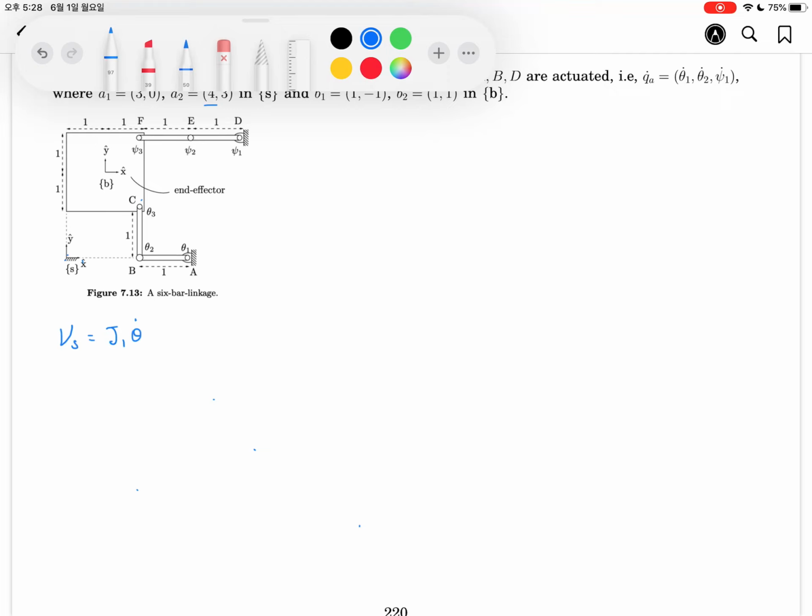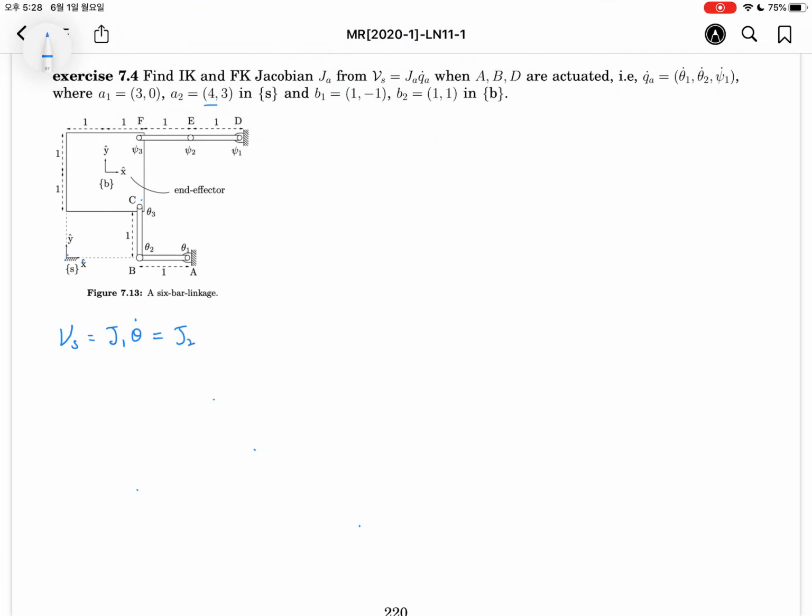And it will be equal to J2 psi dot. As mentioned before, psi dot has three elements, psi 1, psi 2, and psi 3. So J1 and J2 are 3 by 3 matrices. Let's find J1. It's not difficult because J1 can be found using the screw axis concept.